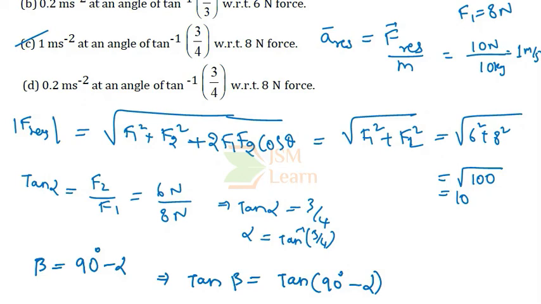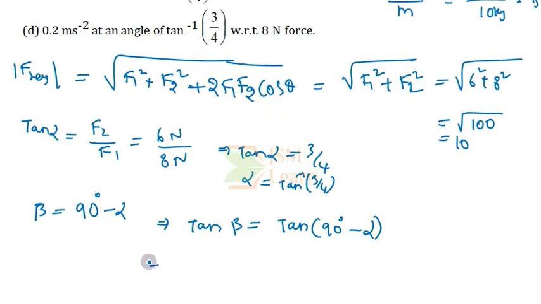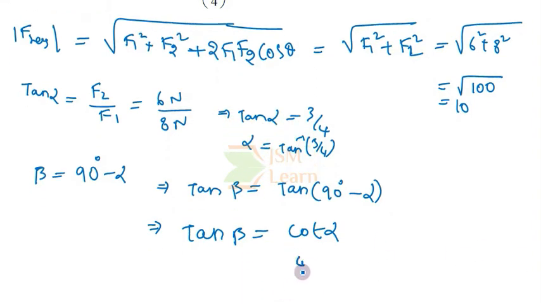According to the trigonometric rules, tan beta is equal to cot alpha, and we know cot alpha from here. Since tan alpha is equal to 3 by 4, cot alpha will be its reciprocal, that is 4 by 3. So we got tan beta as 4 by 3.